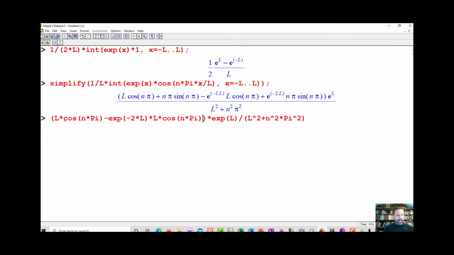Now, the cosine of n pi we know to be -1 to the power n. And that should also replace the other cosine of pi n. The L should factor out.